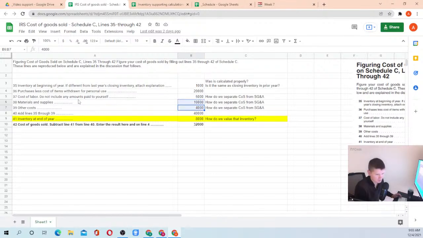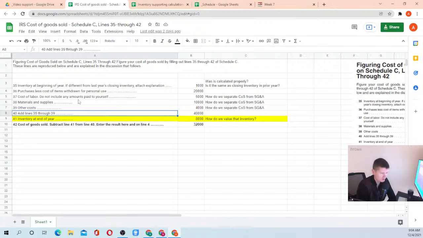If we add all of that, we get some number, which is cost not adjusted for the closing inventory. Then we have closing inventory at the end, and we also need to value that closing inventory. If we deduct it from that line, we get our cost of sales.